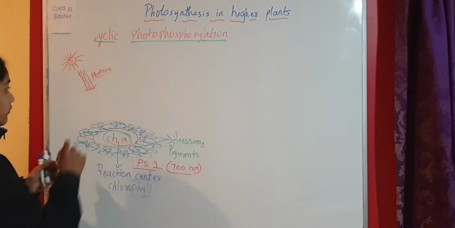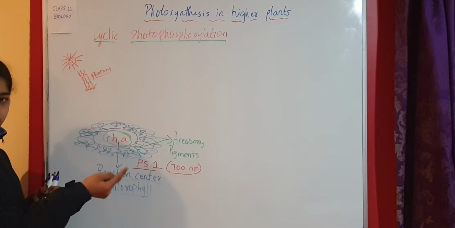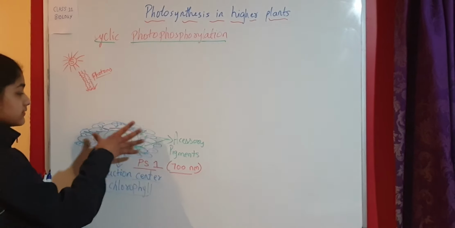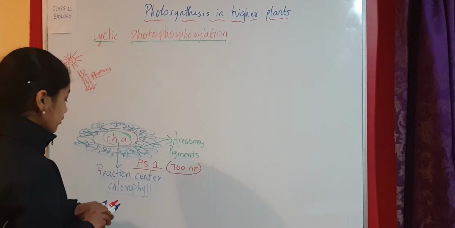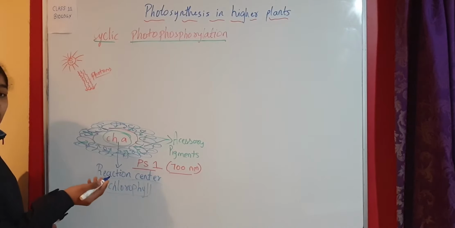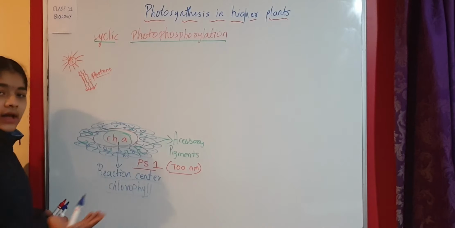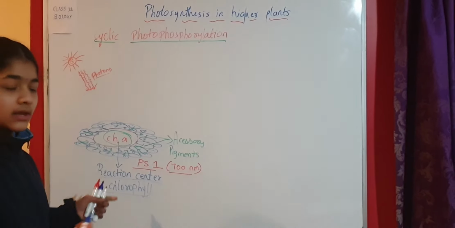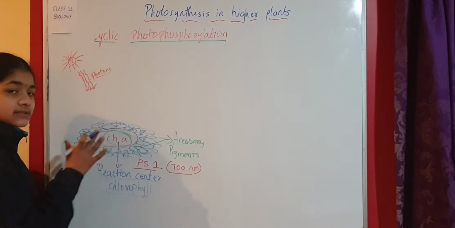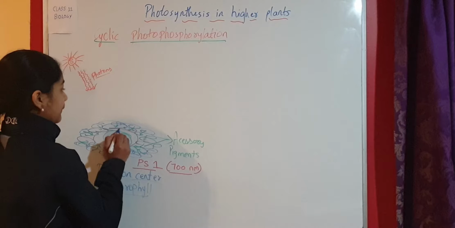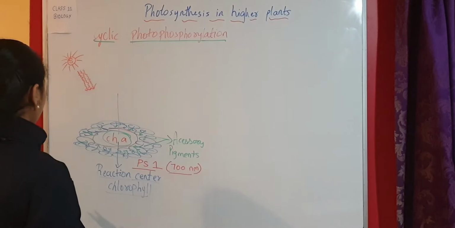Now when the photons, the light particles or energy particles from the sun, fall on chlorophyll A, because chlorophyll A has got all the energy from the sun. Finally all the accessory pigments have passed the energy to chlorophyll A. Now when chlorophyll A has got all the energy, let me write this on the other side.